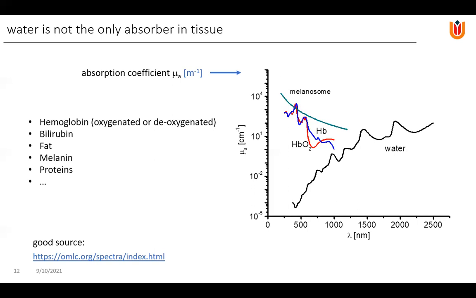That of course means that if you want to design a measurement that measures some property of blood, for example, or limit your measurement if you would like to measure the water content, you need to choose the wavelength carefully.